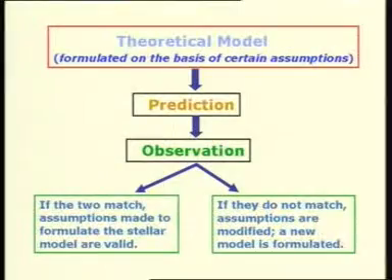We make some assumptions to start with and calculate the consequences of these assumptions as predictions and match these predictions with observations. If they match, fine. If they don't, then we change some of the assumptions and go back to our calculations, match them once again with observations and see if they agree.